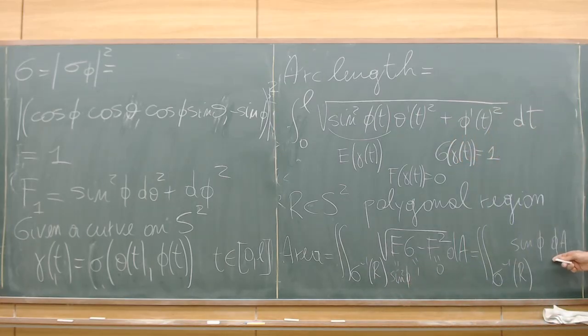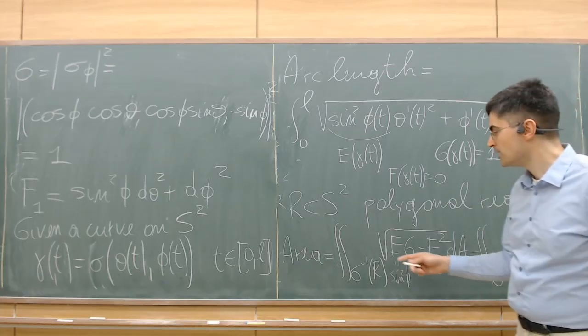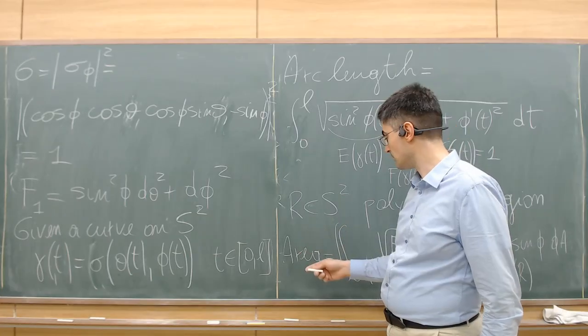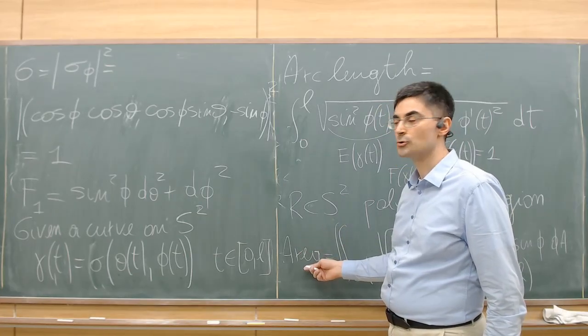And this is a formula we already knew, because you can compute the area of R using the definition, the one involving the area distortion.